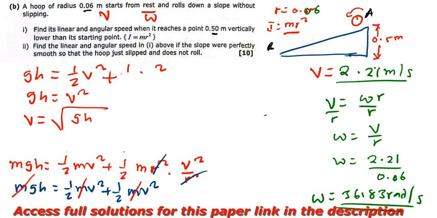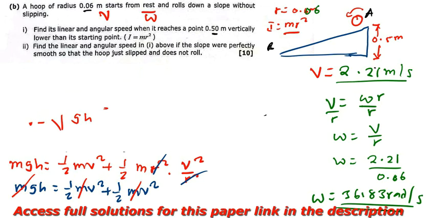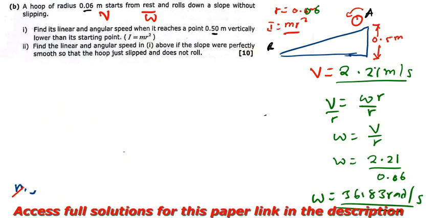So we get rid of this. We'll do the same. The mechanical energy at point A will be equal to the mechanical energy at point B. At point A, I have potential energy plus kinetic energy. Now, this kinetic energy is translational.